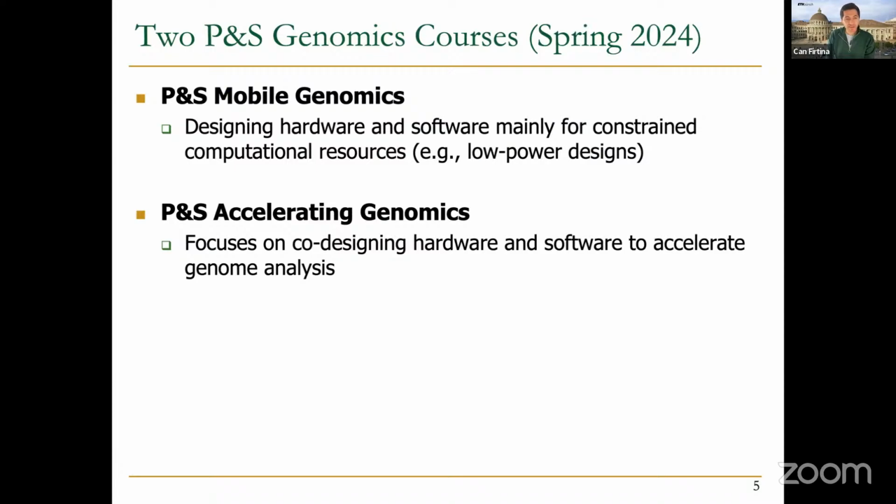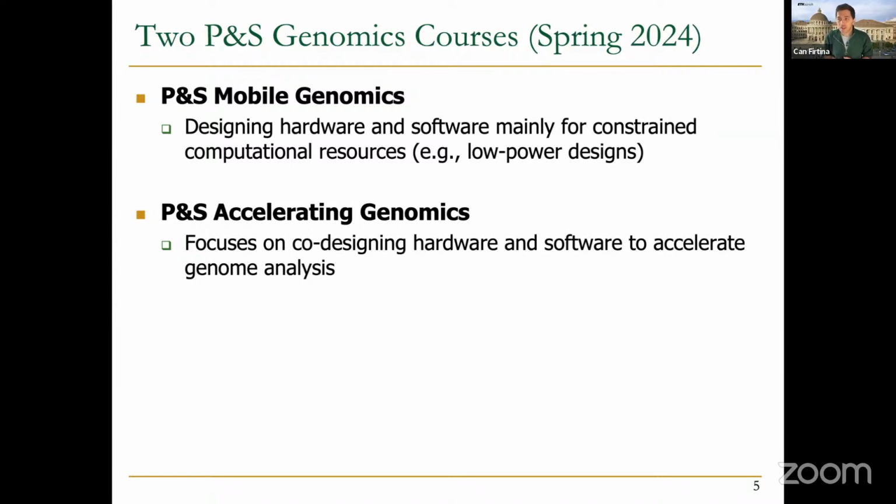To this end, we have two courses that we're offering each semester. One of these courses is called Project and Seminar, or PNS, Mobile Genomics. Here, a specific goal would be designing hardware and software mainly for constrained computational resources, for example, some low power designs. The second course is called PNS Accelerating Genomics, which focuses on co-designing hardware and software to accelerate genome analysis.